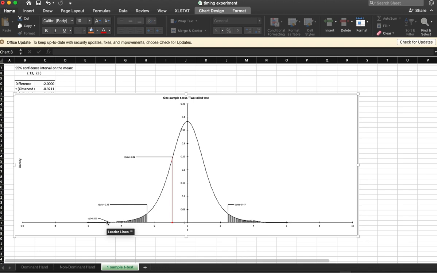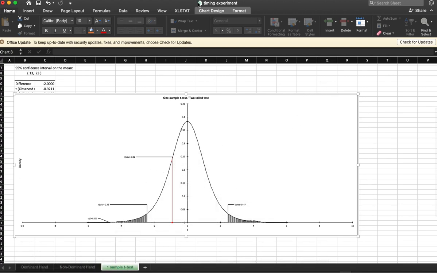And our alpha value is kind of hard to see. That red line is where we are. So since it's not in the rejection region, then we know that we're going to fail to reject the null hypothesis. Right, this chart is an easy way for us to see it.